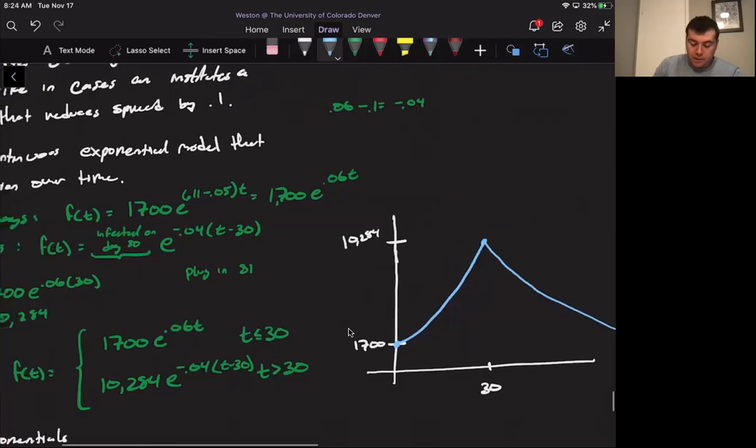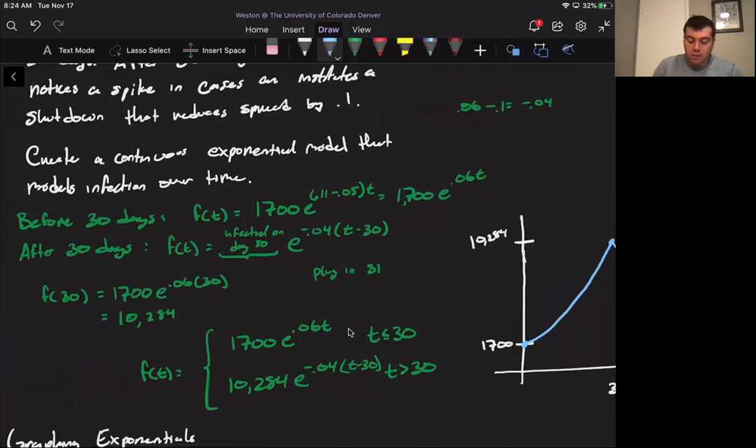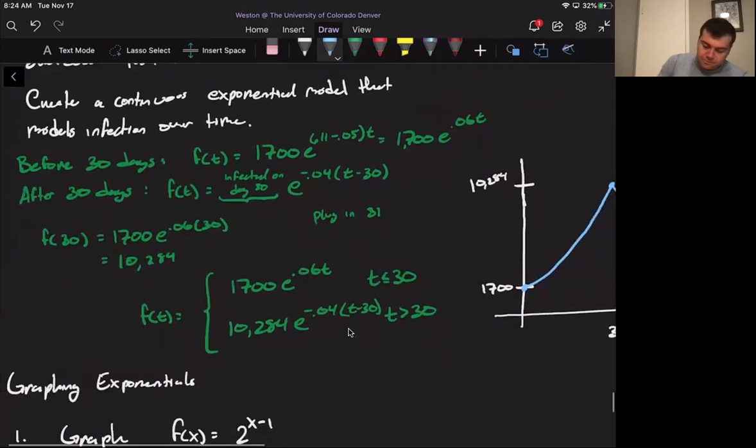All right, so again, let's just review how we got this model. I think the top part is straightforward. The 1700 e to the 0.06 t, that's just our standard COVID model. The interesting part comes where after 30 days, we have a new restriction put in place. And so the key things to take away from there are we have to adjust this t, so that when we plug in f of 30, it's adjusted for this t.